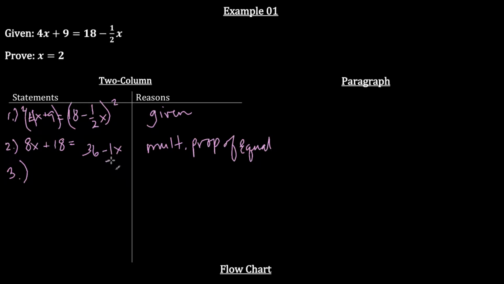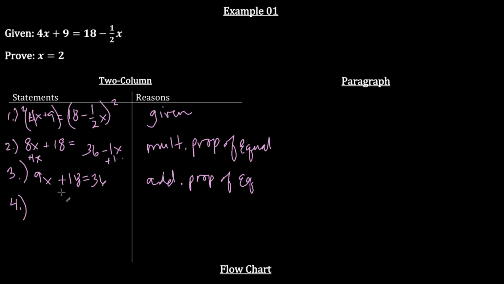Now I'm going to add this 1x, and I get 9x plus 18 equals 36. So what did I do? How did I get there? The addition property of equality. Okay, so now I'm going to subtract 18 from both sides.